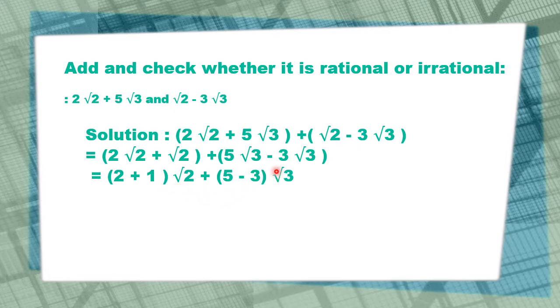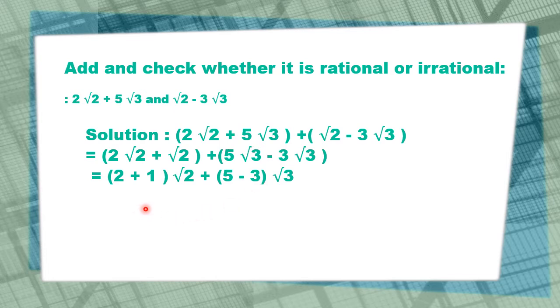Now let us understand the second group, and which number is taken common. Root 3 is taken common because you can see it in both the terms. What will remain inside the bracket? 5. And from this term, what will remain? Minus 3.